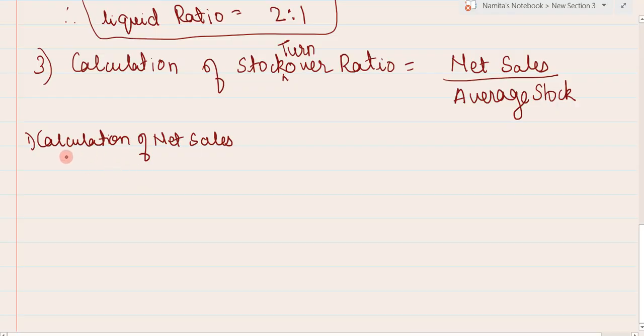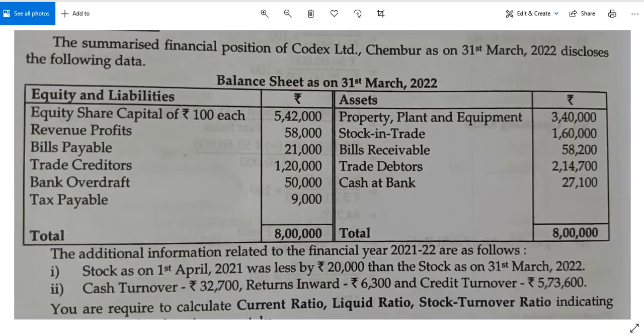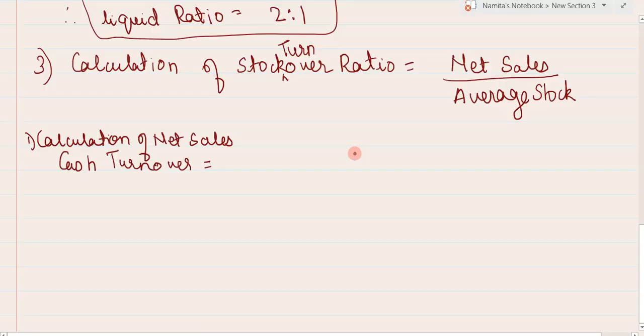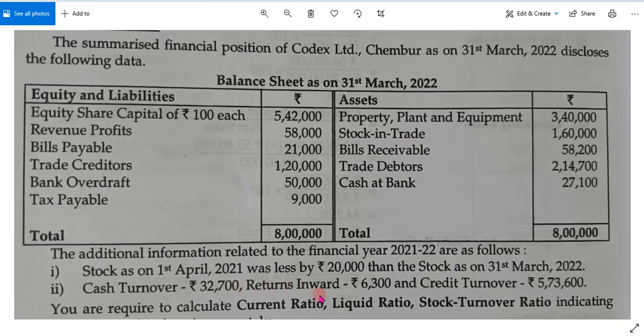First is cash turnover. Cash turnover amount is given, 32,700. Then next is return inward, which we have to deduct.